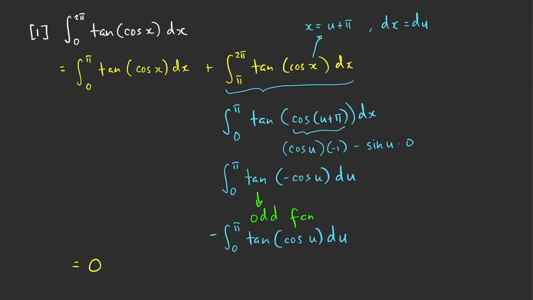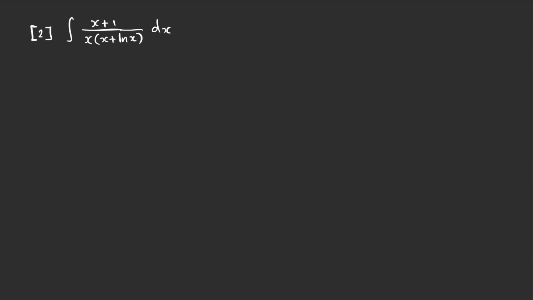Now let's move to the second integral. The rule of thumb, before you try other integration techniques, is to try integration by u substitution first. If we look at this integrand here, the only possible u here is this one, but it doesn't make this less complicated.